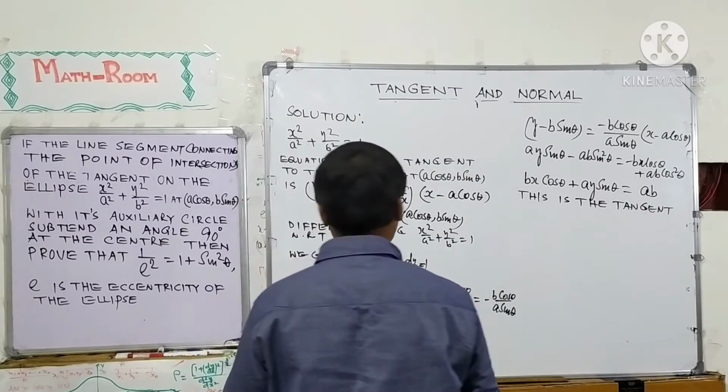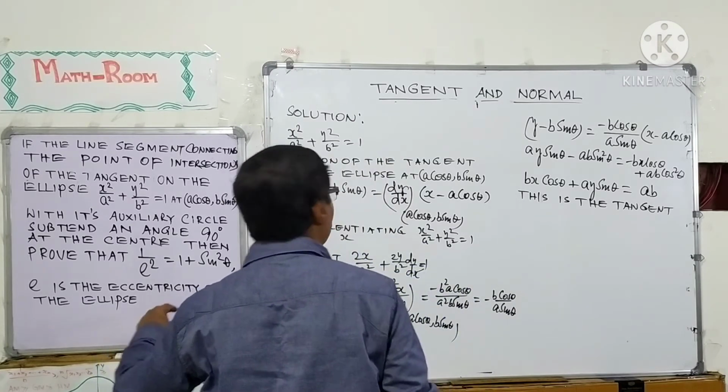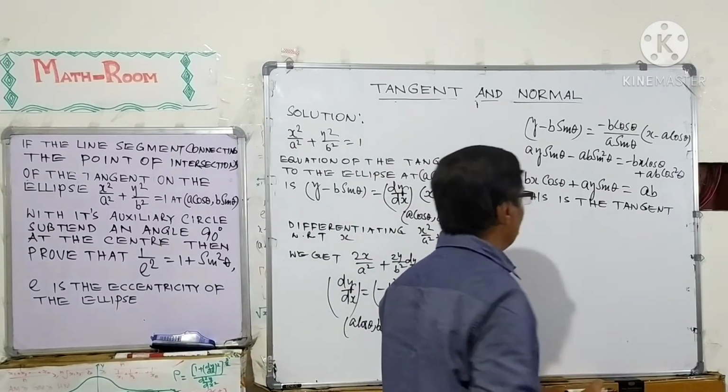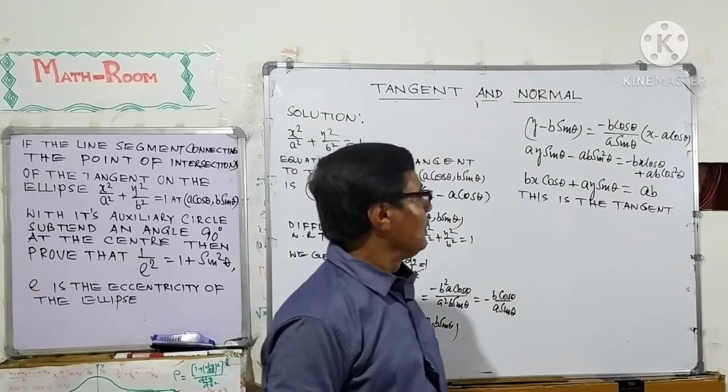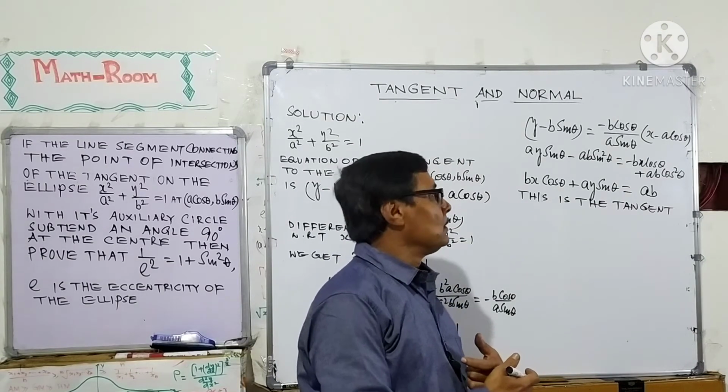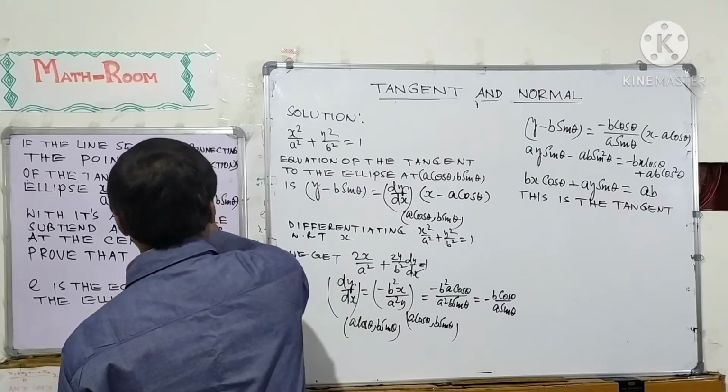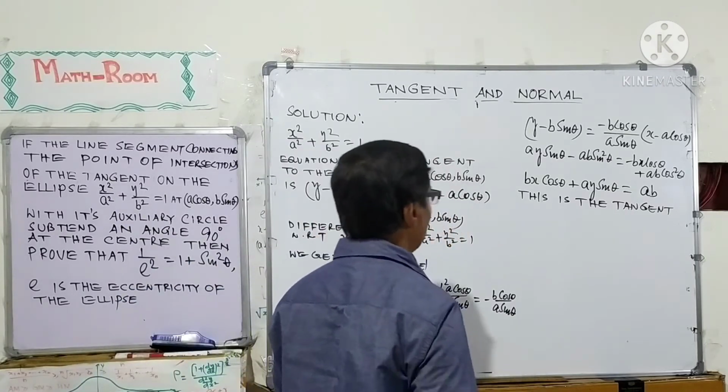So we can derive the points of intersection of the tangent with the auxiliary circle of the ellipse.